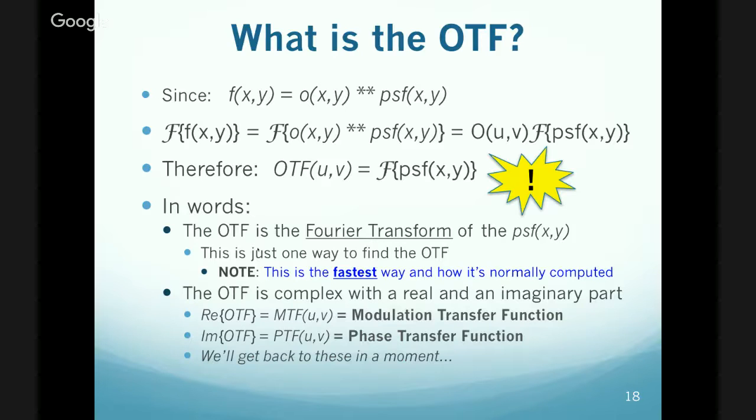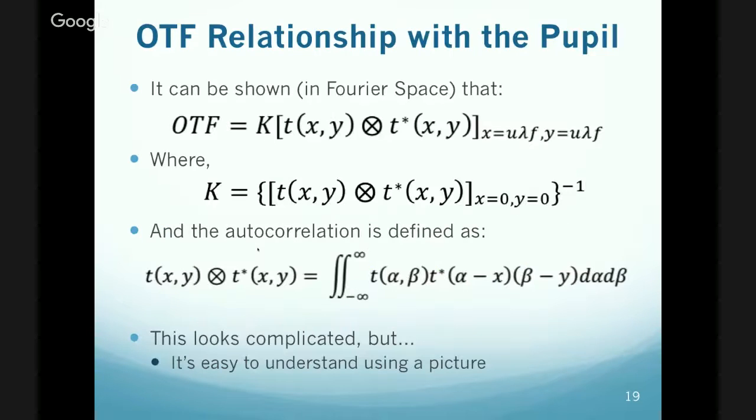I want to mention that to compute the OTF, it is much faster to compute it in the Fourier domain than it is to compute it in the forward domain. However, it's much easier to understand how the MTF is computed in normal space using pictures. So let's look at how the OTF is related to the pupil.